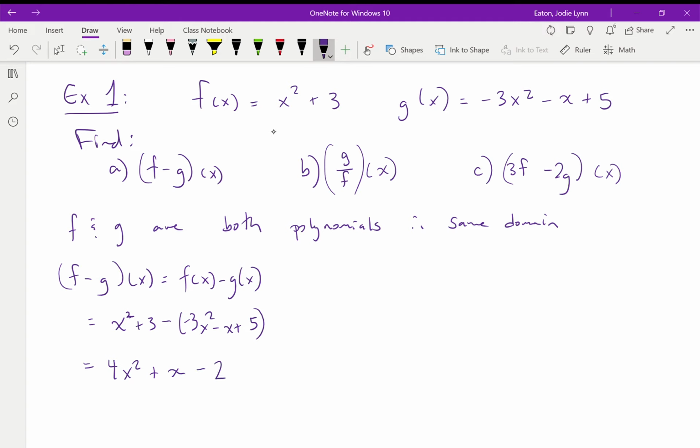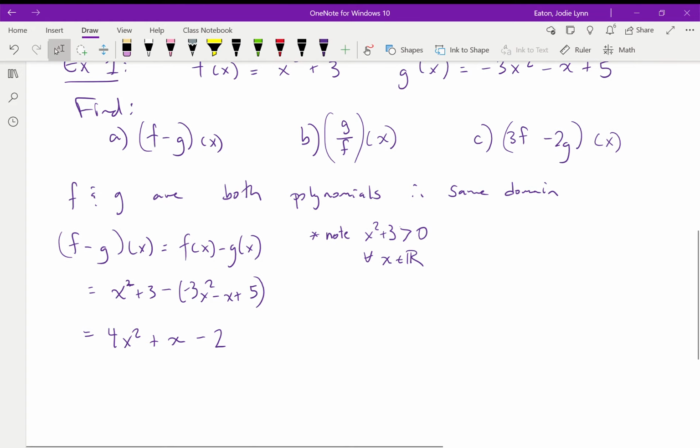For g over f of x, we don't have to worry. We can note that f, so x squared plus 3, is always greater than 0 for all x element of the real numbers. So we don't have to worry about restricting the domain here to say that f can't be 0 because it never is 0.